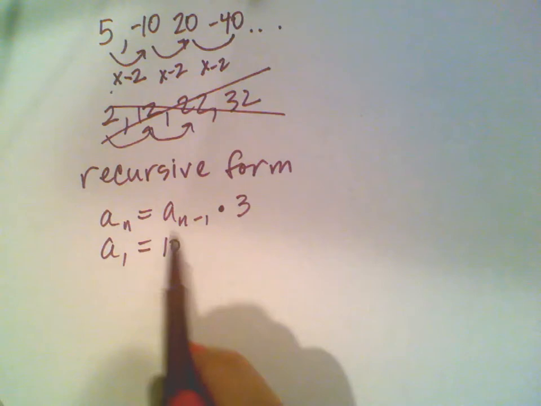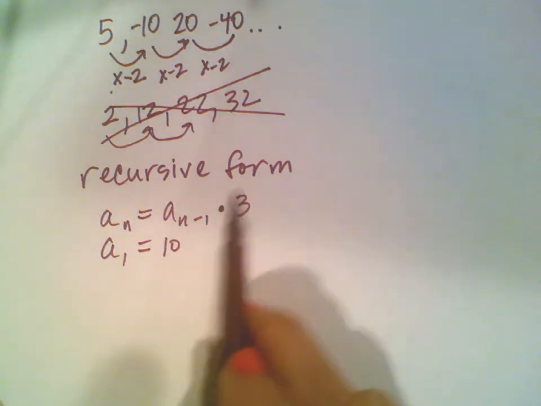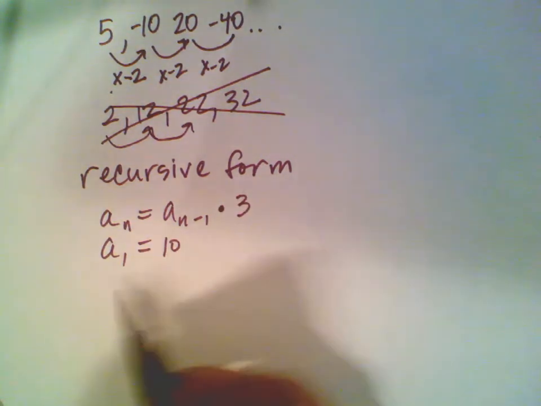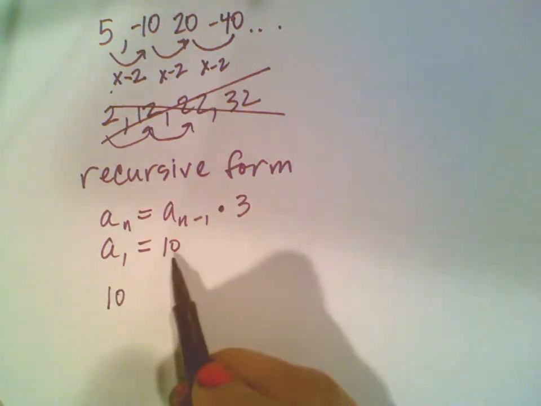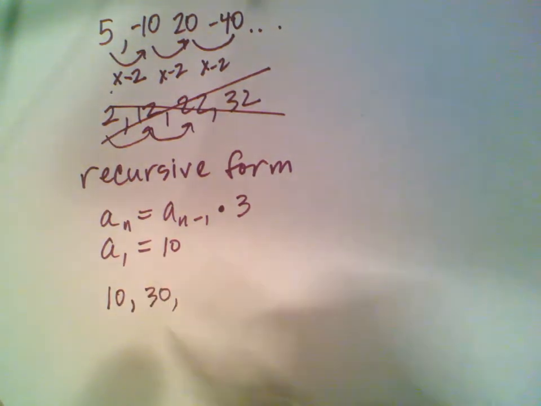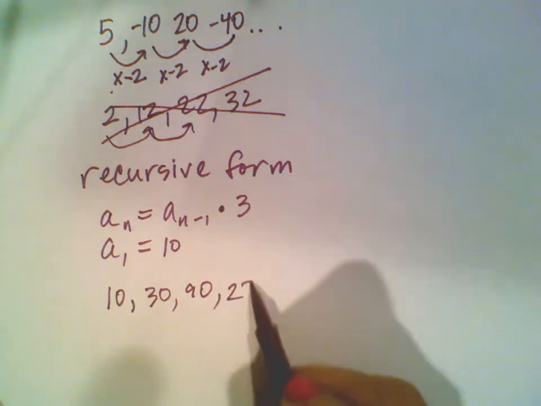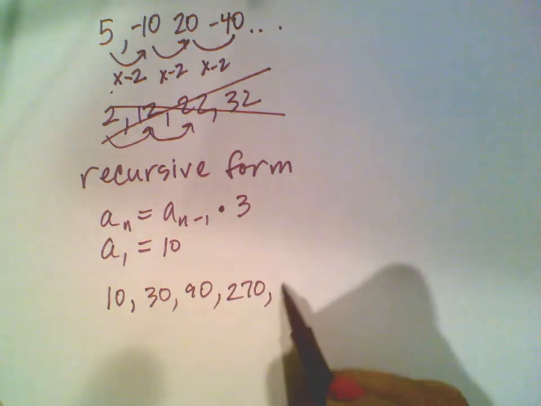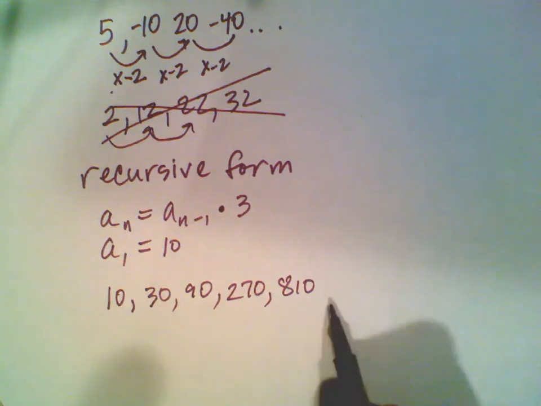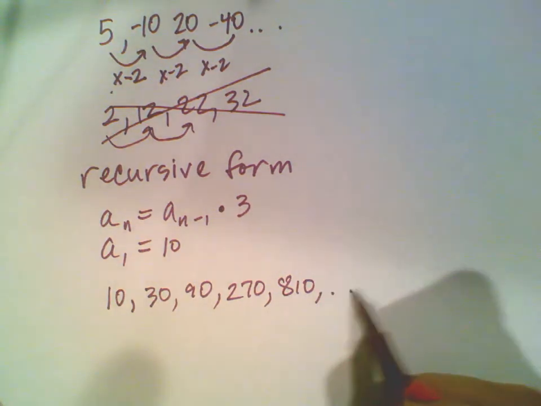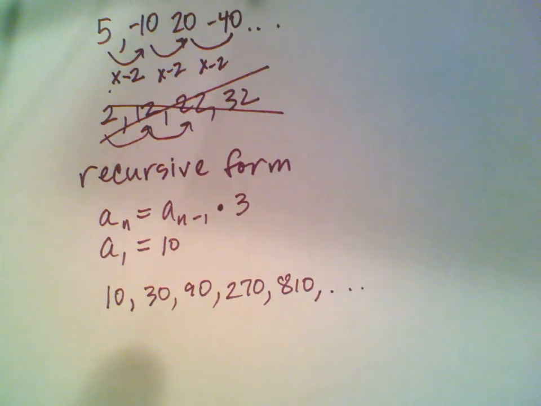And so this is telling us where we start and how we change. So I'm going to expand this by writing the first term, 10, and then times 3, and then times 3, and then times 3, and then times 3. And so I would have my first 5 terms of my sequence. So that one is expanding.